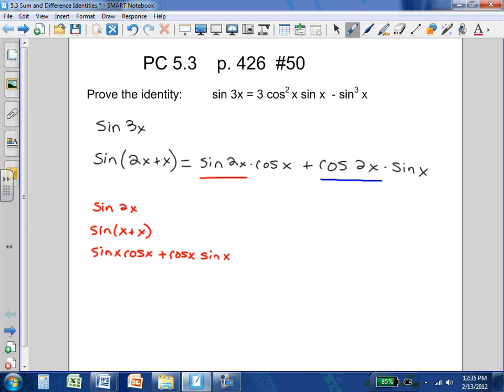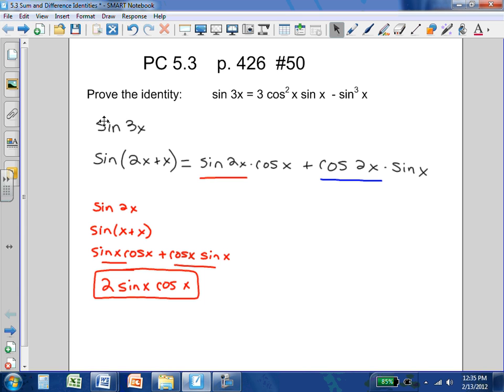And that's pretty cool because I'm noticing here that those are exactly the same things multiplied together. So really I just have two sine x cosine x. So where I see the sine of 2x, I'm instead going to put 2 sine x cosine x. That's right up here in red. And I will put that in just a minute.